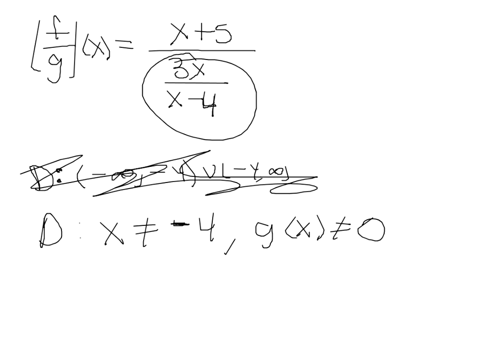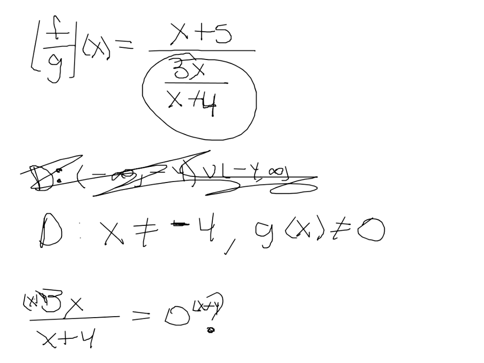So here's g of x. And when is that equal to 0? So I have to solve this, x plus 4 on both sides cancels, and I get 3x equals 0. Divide by 3, and I get x equals 0.